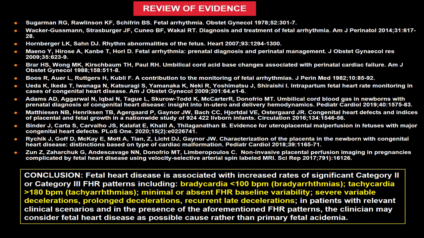Review of relevant literature reveals that bradycardia and tachycardia are seen in bradyarrhythmias and tachyarrhythmias respectively, whereas fetuses with congenital heart disease, even in the absence of arrhythmias, may present increased rate of minimal or absent fetal heart rate baseline variability, severe variable decelerations, prolonged decelerations, and recurrent late decelerations.